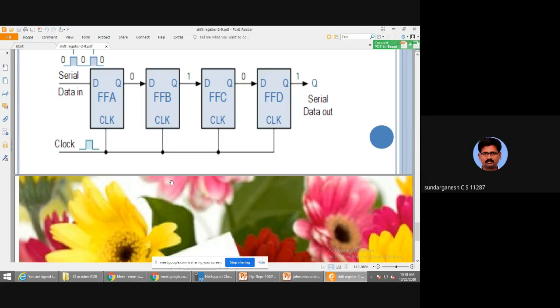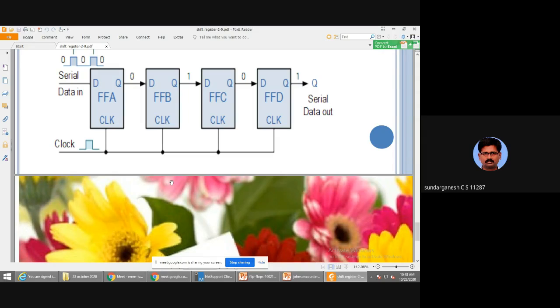In the last example, for 4-bit data, I require 4 clock pulses only. Here for 3-bit data, I require 5 clock pulses to come out from the last register. In SISO, 5 clock pulses are required.